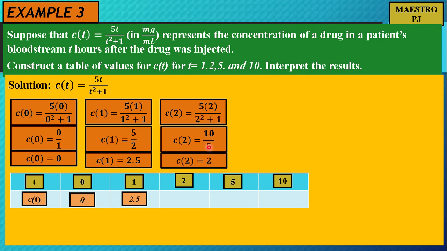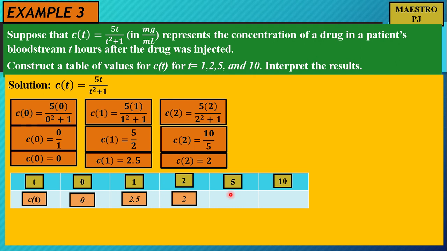So, therefore, C of 2 is equal to 2 since 10 divided by 5 ay positive 2. So, anong ibig sabihin yan? Makalipas ang 2 oras na na-inject yung drug sa bloodstream ng pasyente, yung concentration ng drug will be equal to 2 milligrams per milliliter.